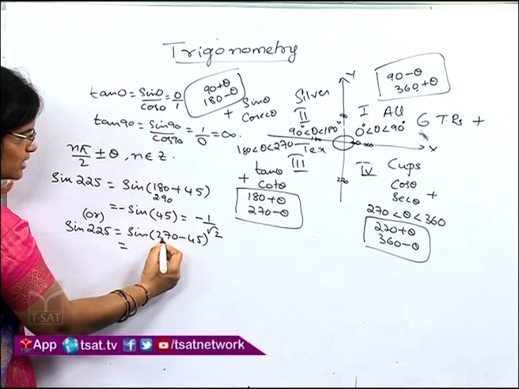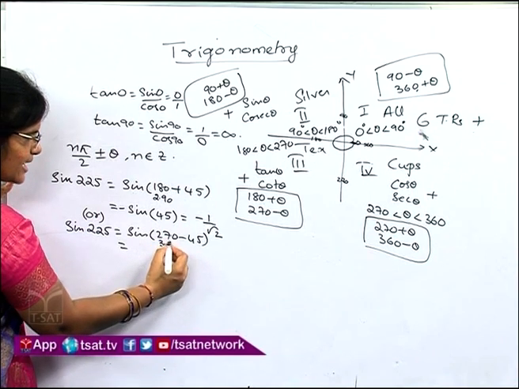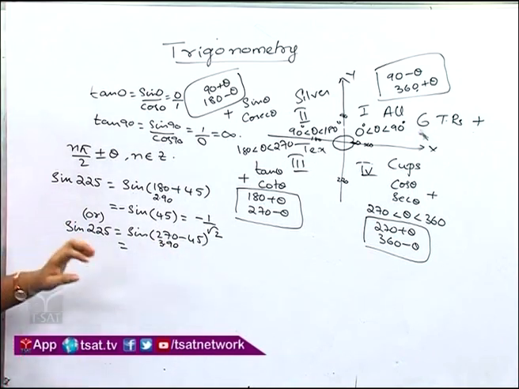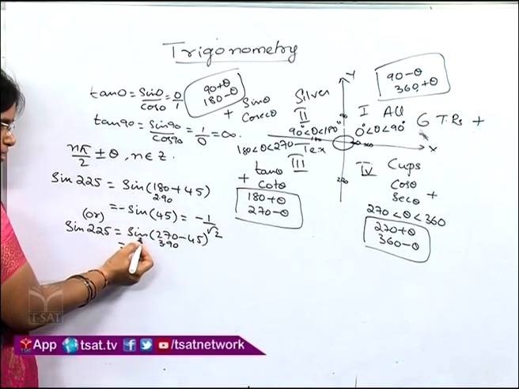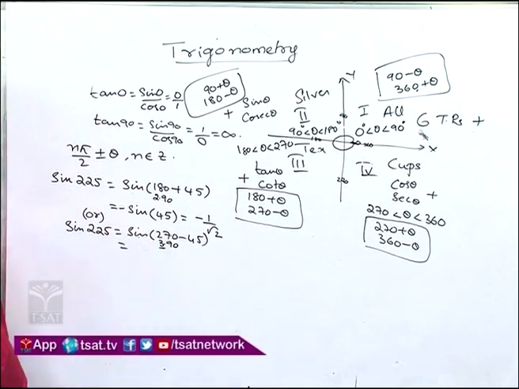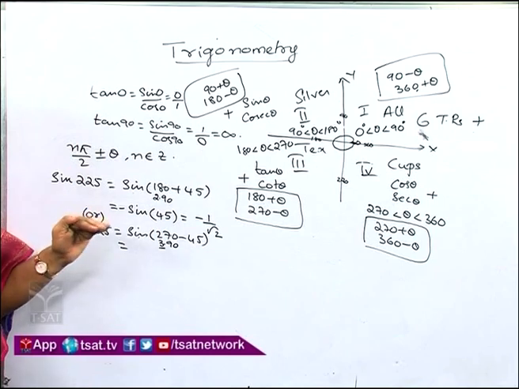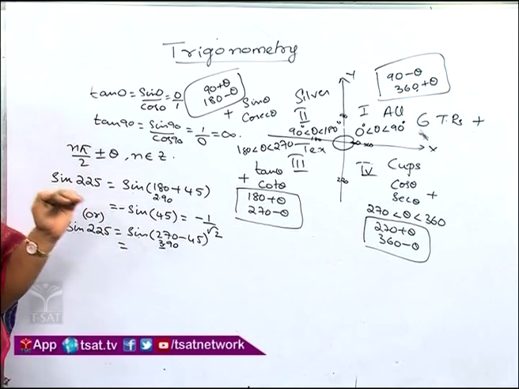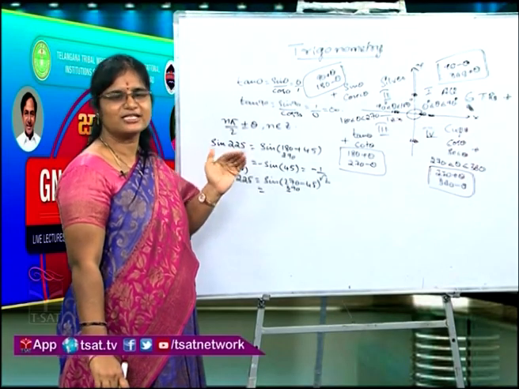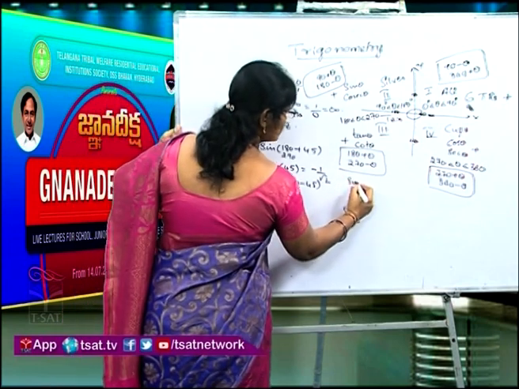Here also, children, 270 we can write in multiples of 90 as 3 into 90. Now 3 is what? Odd number or even number? It is an odd number. So whenever we have odd multiples of 90, the trigonometric ratio changes. Now see how they change.